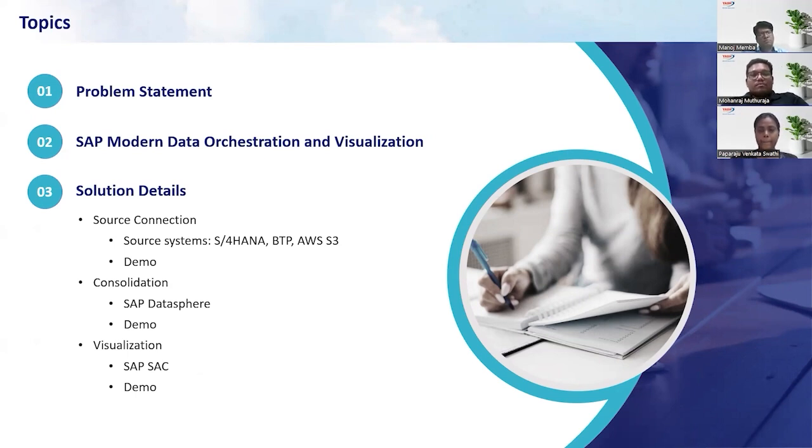We also have a dedicated demo in place for the same. Then we have consolidation for SAP Data Sphere. Again, a demo will be showcased during the presentation. And lastly, for the visualization, we have SAP SAC. Again, our demo is organized by our experts.